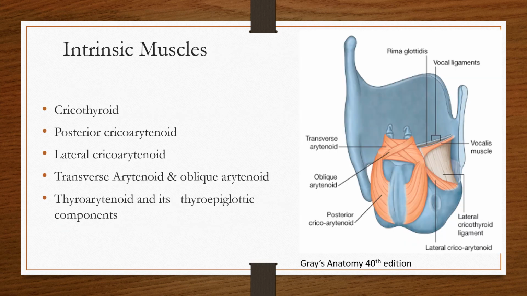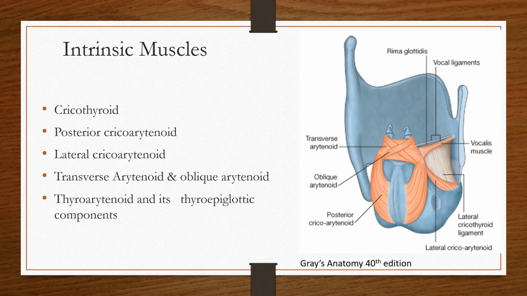What are the muscles of the larynx? There are intrinsic muscles and extrinsic muscles. The intrinsic muscles are cricothyroid, posterior cricoarytenoid, lateral cricoarytenoid, transverse arytenoid, oblique arytenoid, thyroarytenoid and its thyroepiglottic component.